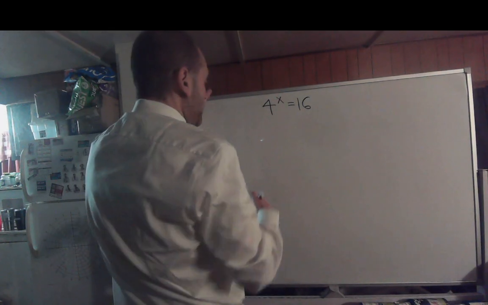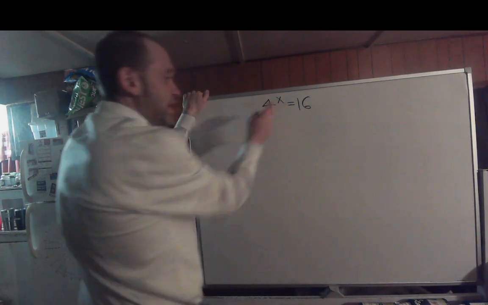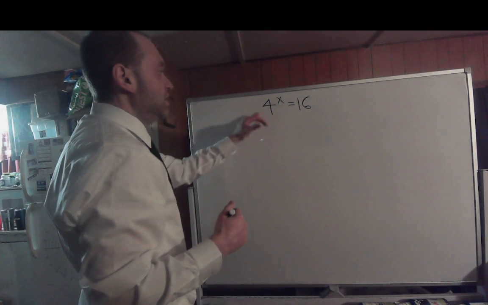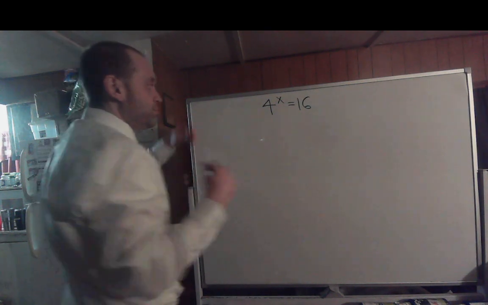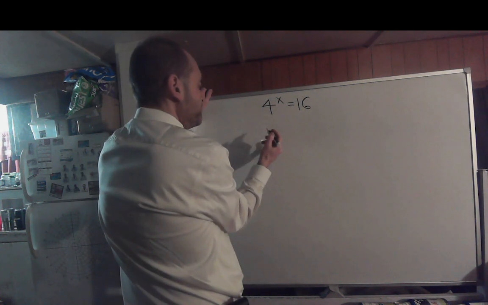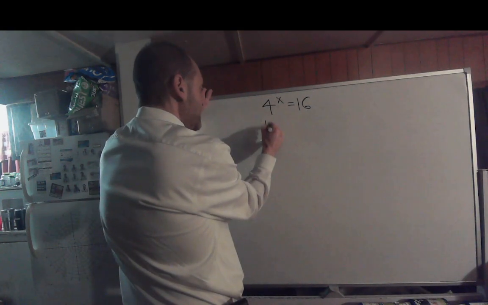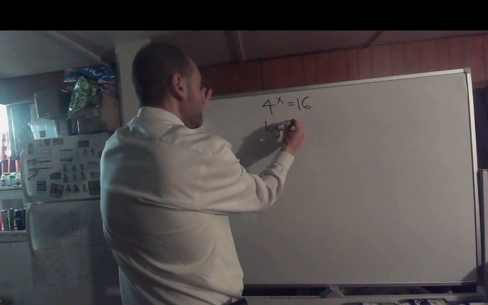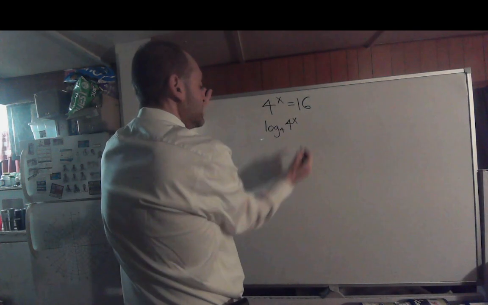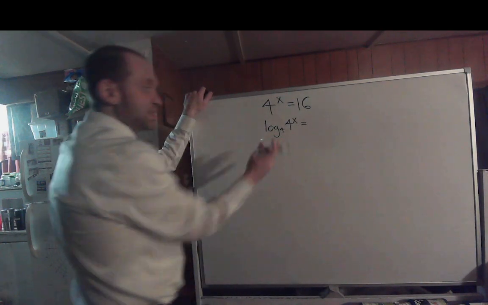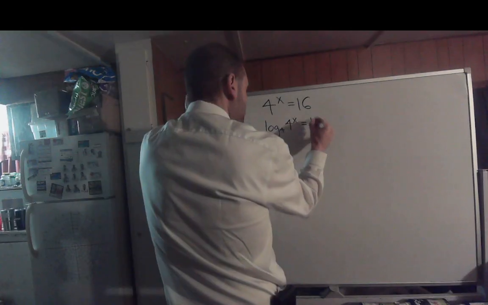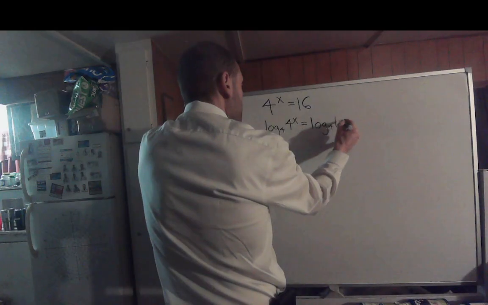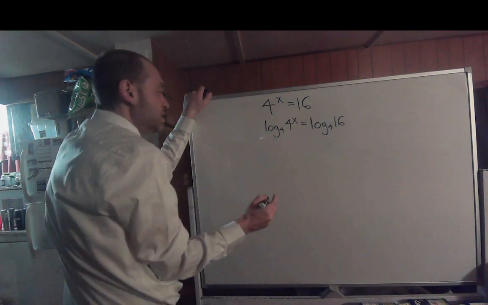Whenever you have a base to a variable power, what you have to do is take the log base of that base. So to solve for x, you would take log base 4 of 4 to the x. But what you do to one side, you got to do to the other. That would equal log base 4 of 16.